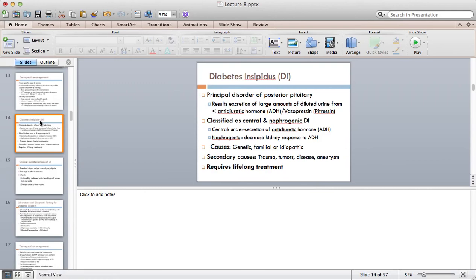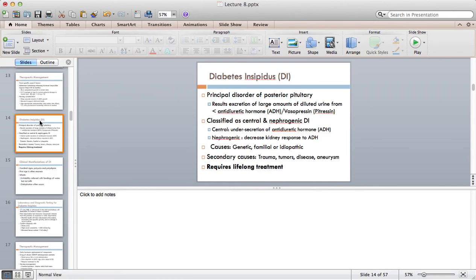So we have two types, the central type and the nephrogenic type.